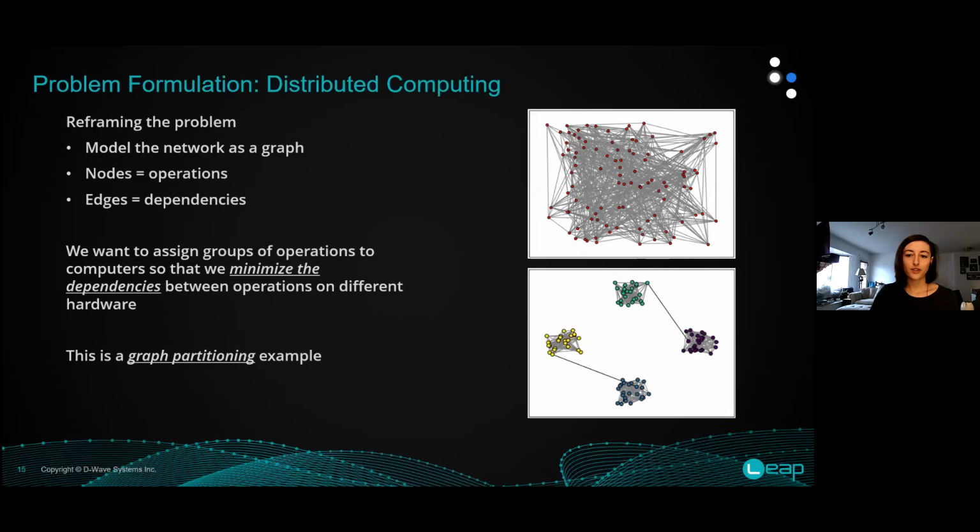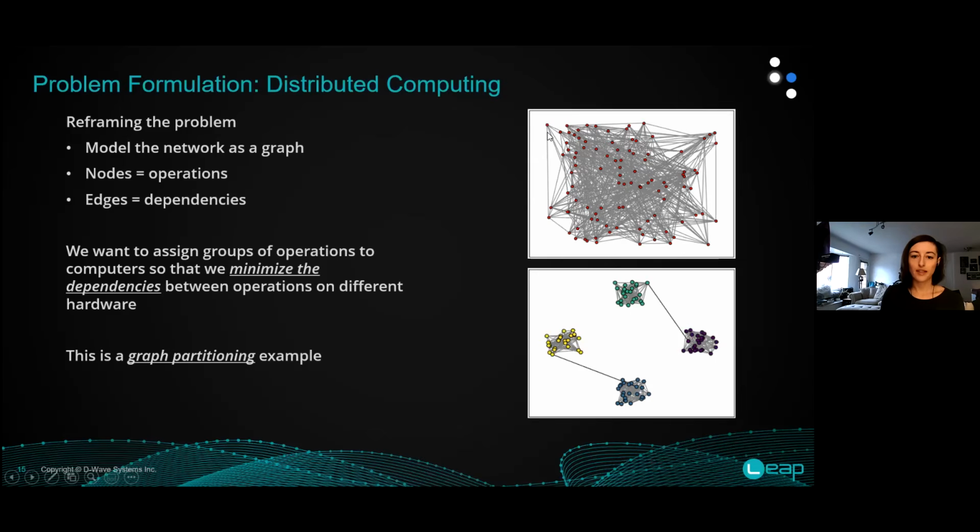So when we want to use a hybrid solver to solve this, we need to start reframing this problem and thinking about it in a way that will help us build our model. So to reframe this problem, I'm going to think about this overall application and the tasks within it as a graph. So here on the top right, I have a graph with red nodes.